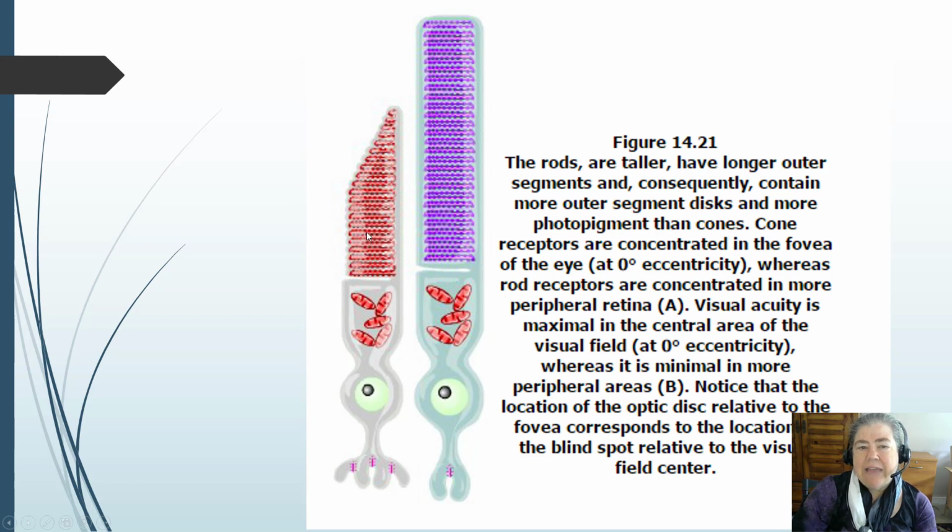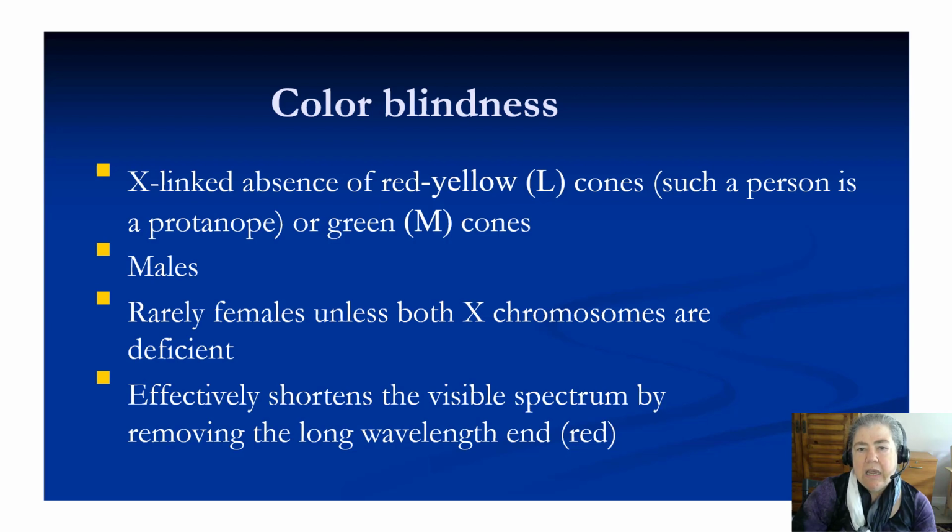And this is just sort of saying what we saw in that previous slide. So we already mentioned that the rods have a lot more segments. They're bigger, they're taller, and they have more photopigment, and that photopigment is achromatic. It's a wide bandwidth of light, doesn't help you distinguish between colors.